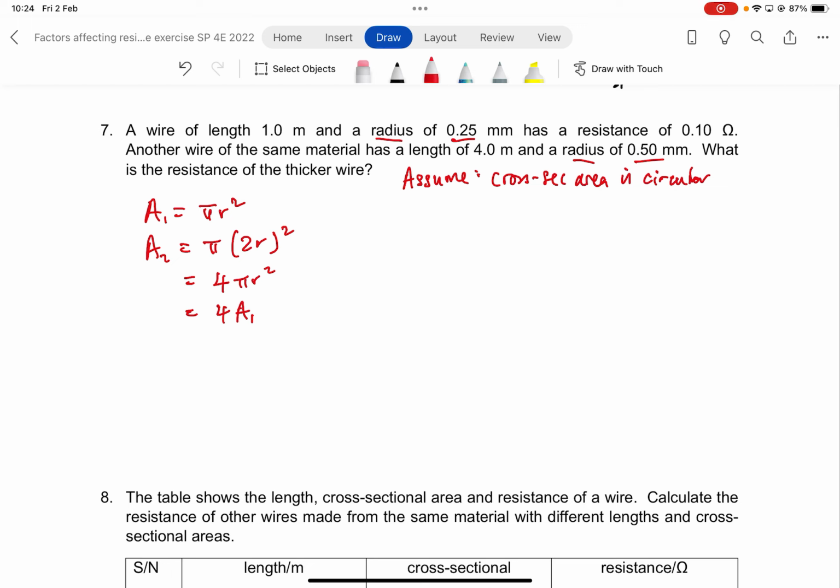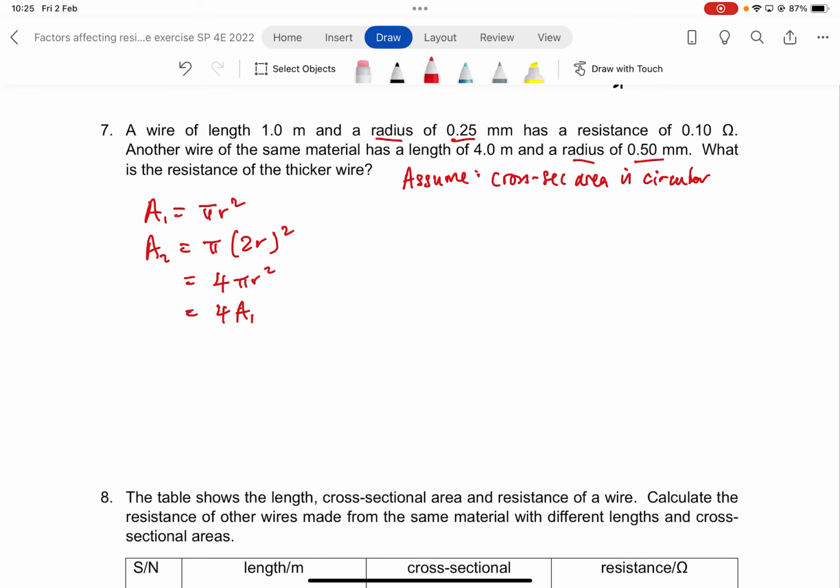So when the radius is doubled, the area will be 4 times, because we square it. I say again, the radius is doubled, but the area will be 4 times, because the relationship is square.